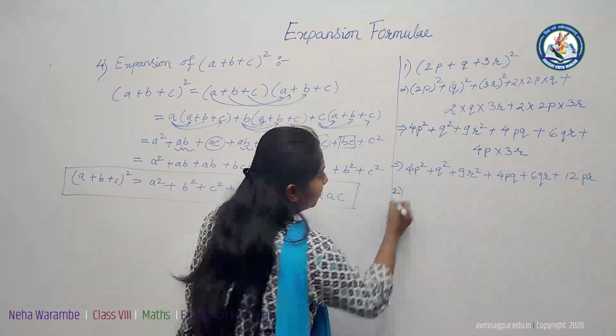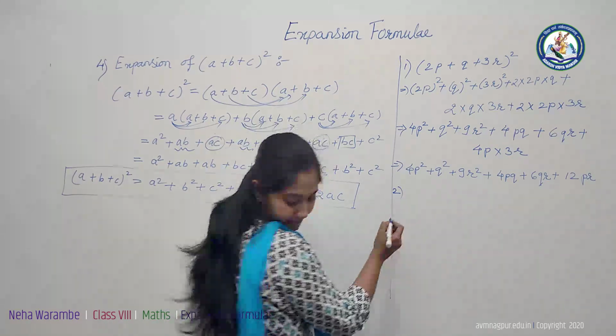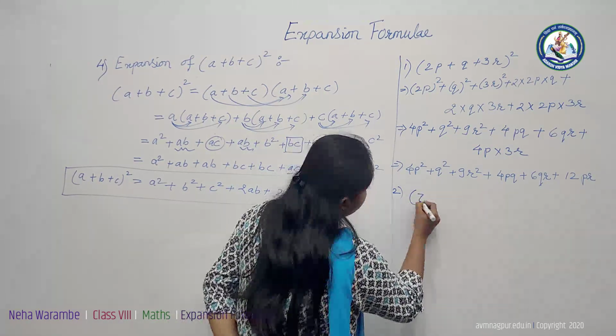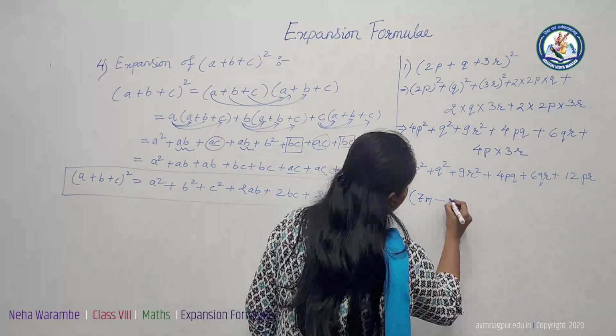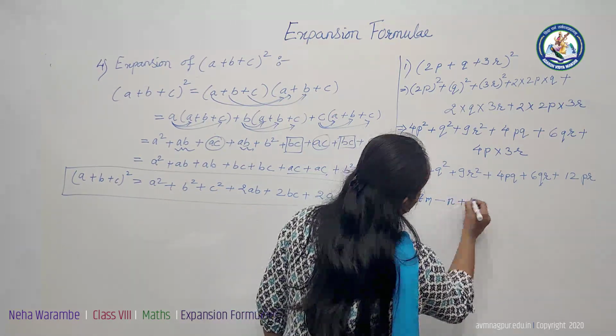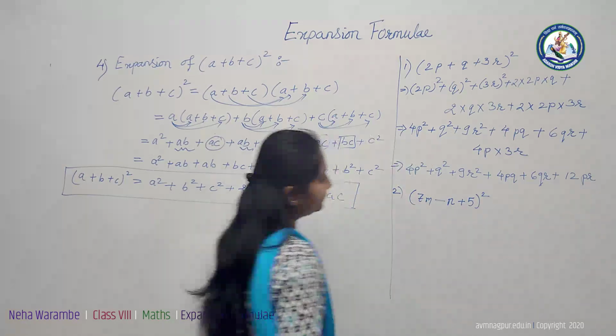Let's take one more example, that is 7m minus n plus 5 whole square.